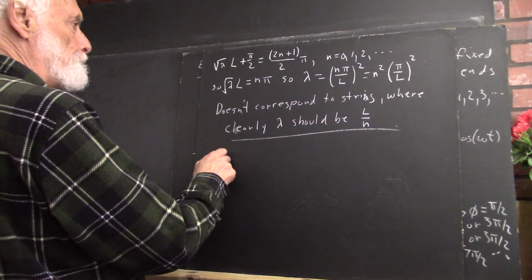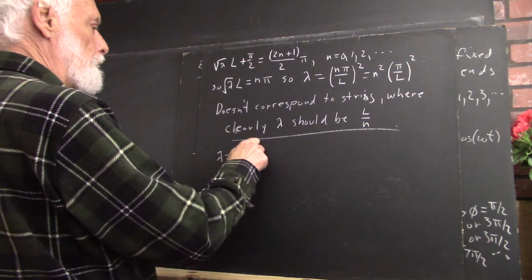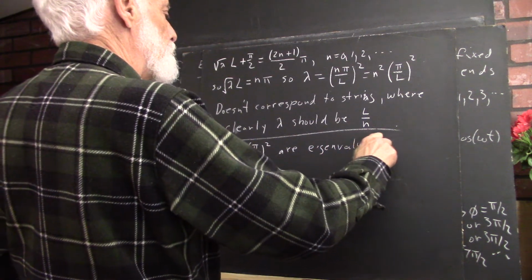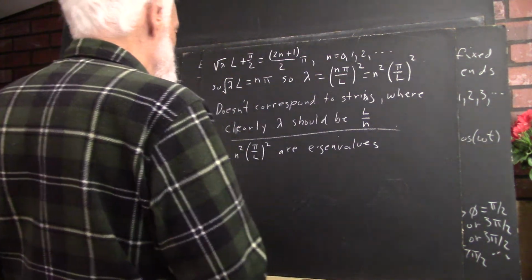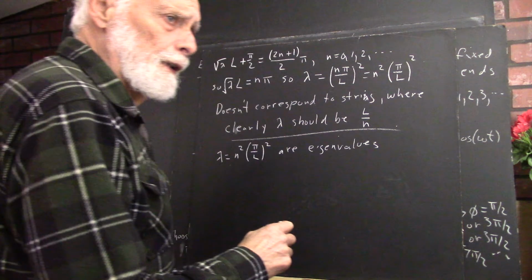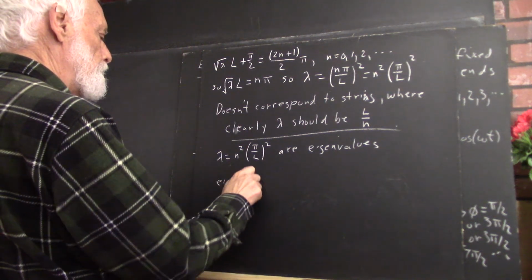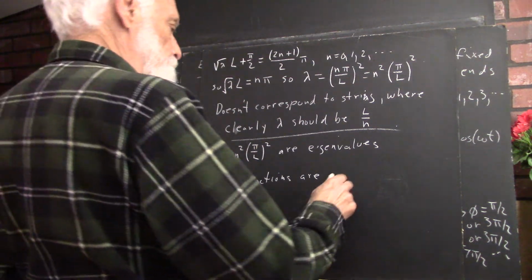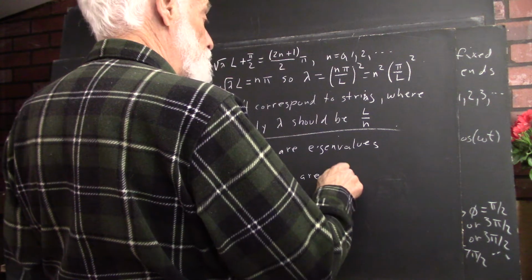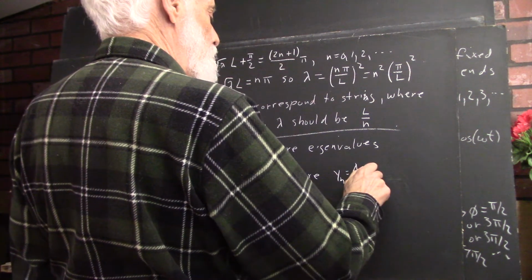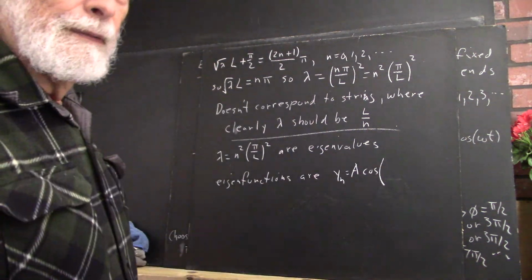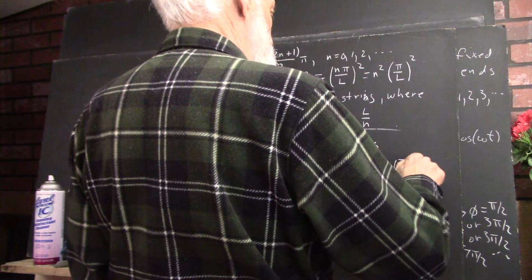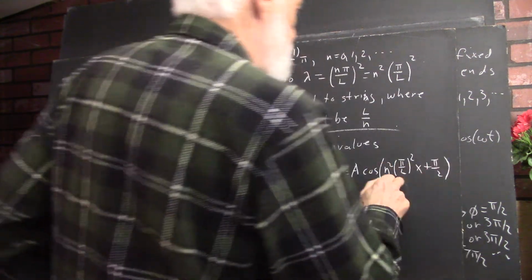Okay, so those are your eigenvalues, and your eigenfunctions, y sub n, equals any multiple of the cosine of lambda x, which is going to be this.